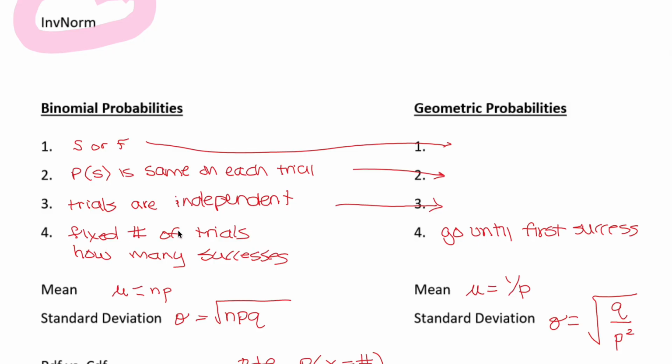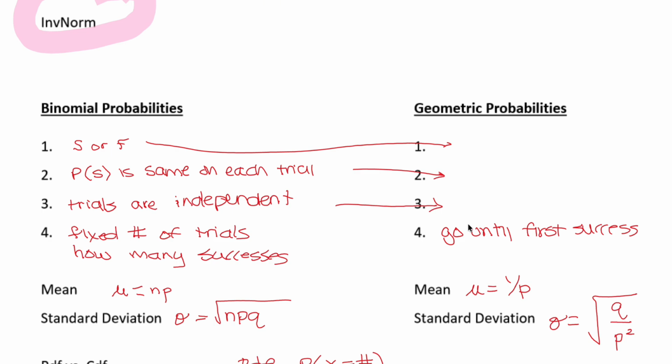Basically, you're going to have a fixed number of trials for how many successes you will get. On the other hand, for geometric, you go until the first success. So see the difference between these two. Geometric is like you go all the way until you hit the first success. When is the first success? We don't know. Sometimes the question will ask, what is the probability of getting the fifth trial as my first success?